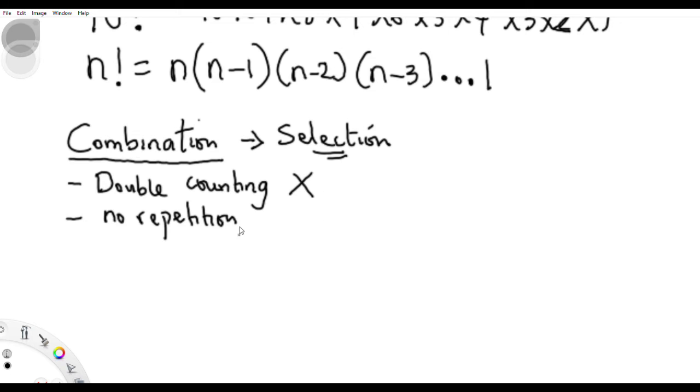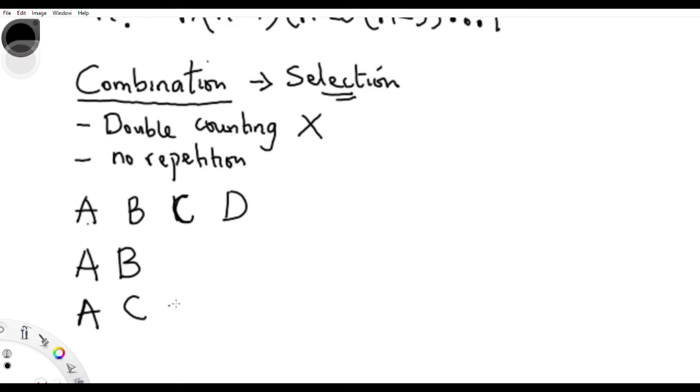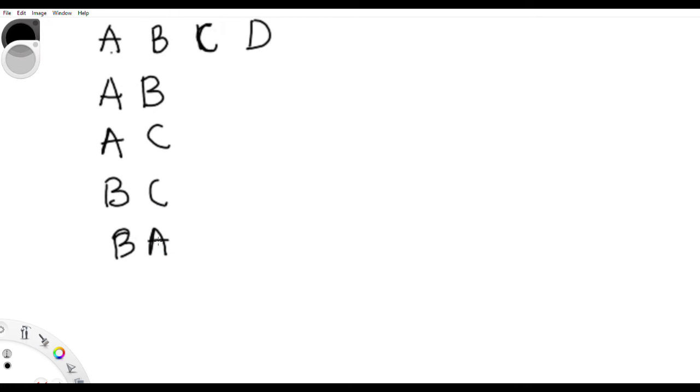And a very good example of it is you have girl A, girl B, girl C, girl D. Now you are picking a team of 2 girls out of girl A, B, C, D. If I pick girl A and girl B, and I pick girl A and girl C, then I pick girl B and C, then I pick girl B and A, and I pick girl C and A.